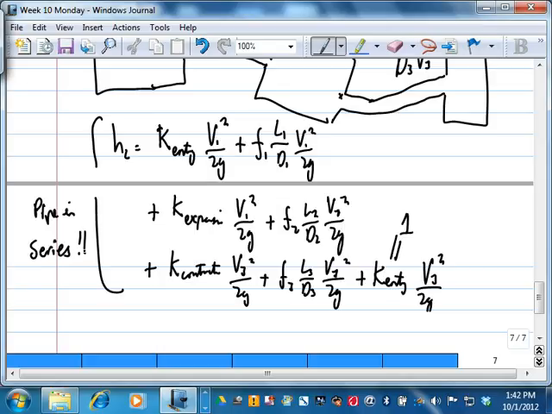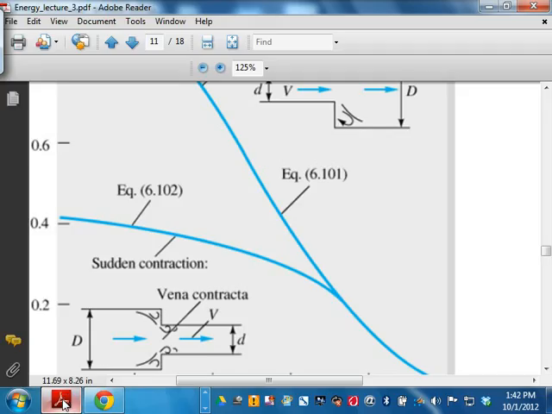Any questions? This one you have to remember: velocity is always based on the higher velocity. Write it on your shoe or something. That's the convention.